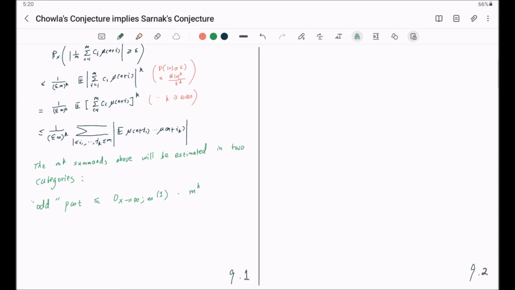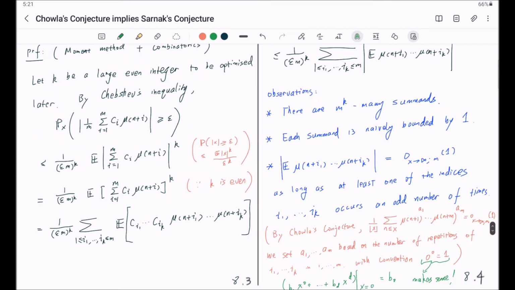The second category is what we call the non-odd part. This part refers to the case when this does not happen. Namely, none of the indices I1 through Ik occurs an odd number of times.